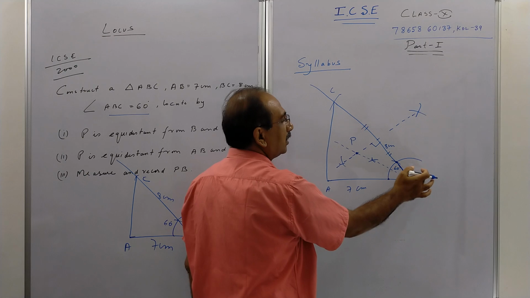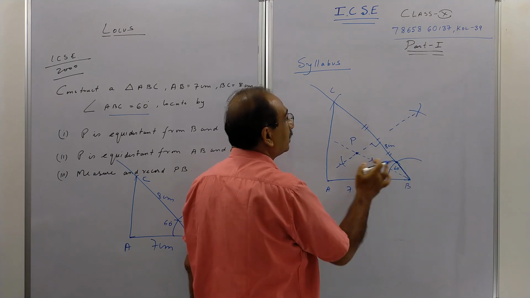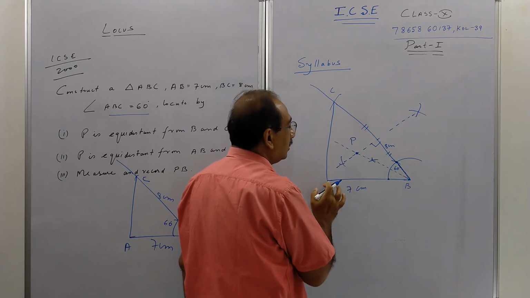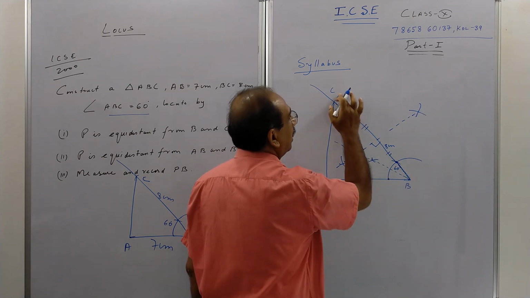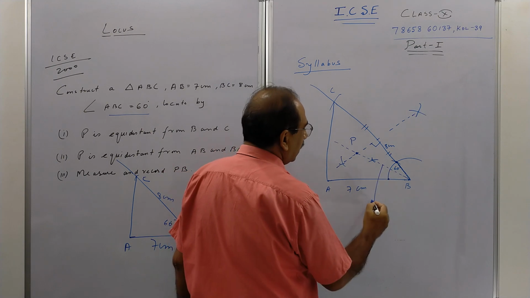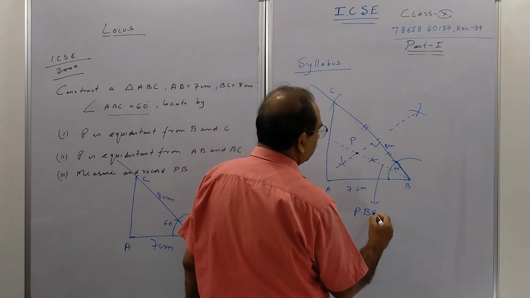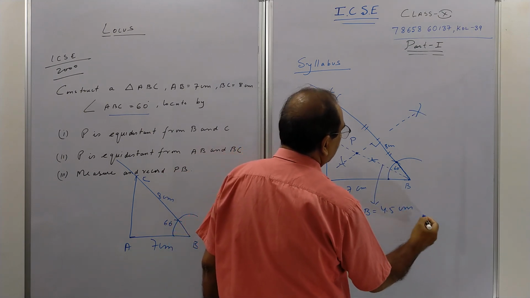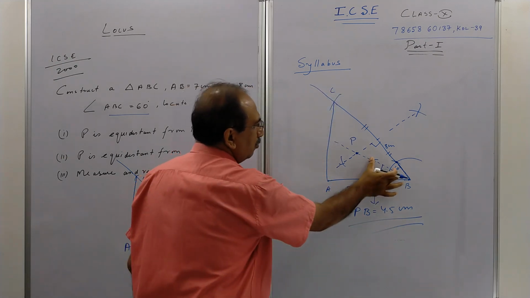Perpendicular bisector means equidistant from 2 points, and since it is on the angle bisector, it is equidistant from AB and BC. And finally they say measure PB. I think in reality if you measure, answer should be 4.5 centimeter. So you measure and record.